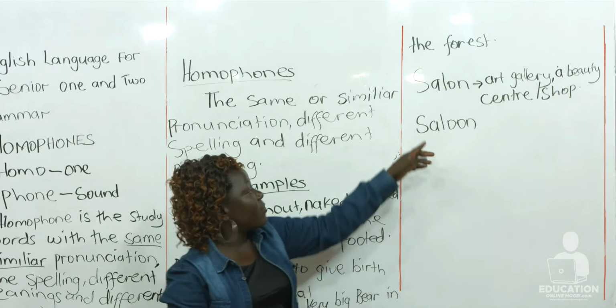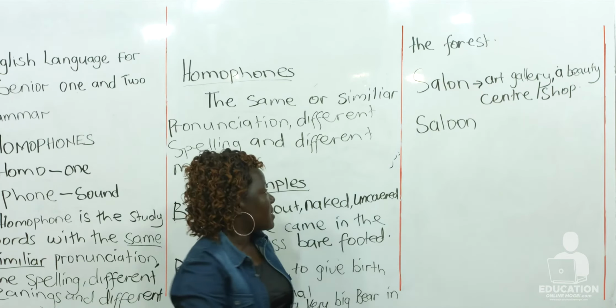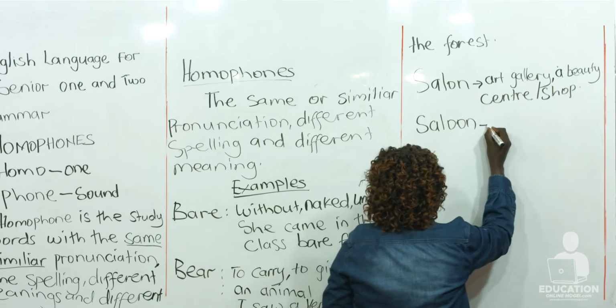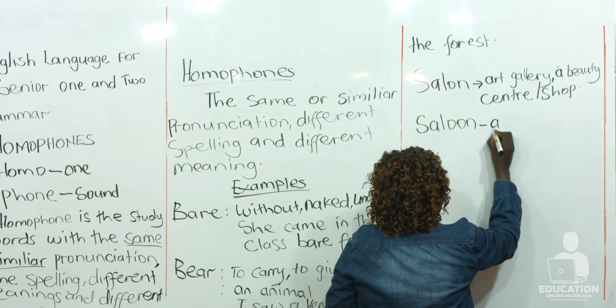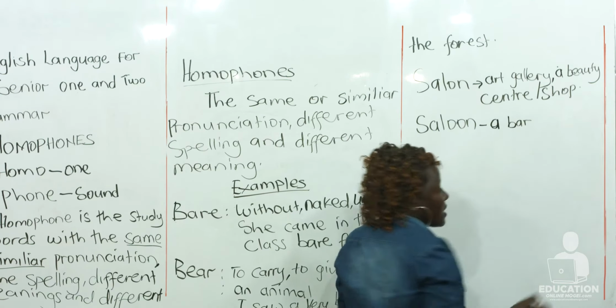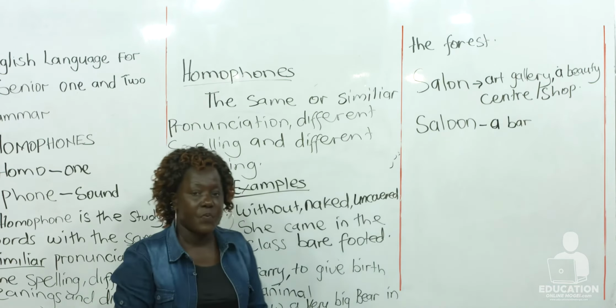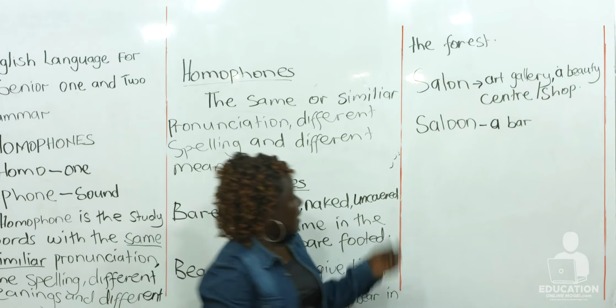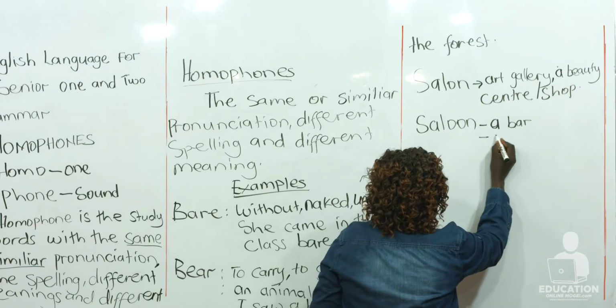Now, when you have written it with double O, it means this. Can mean a bar, a bar where cocktail is served, drinks. It can also mean a type of a car.